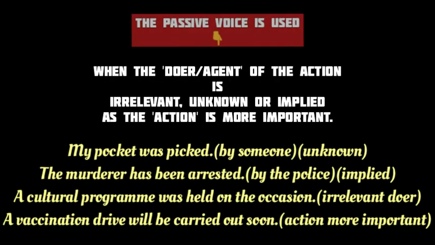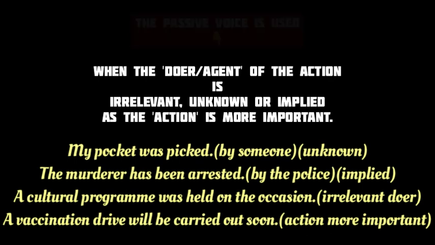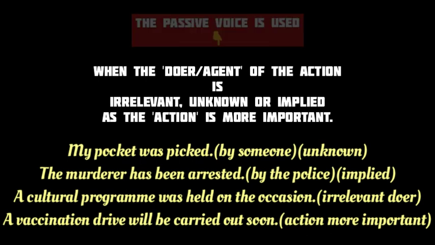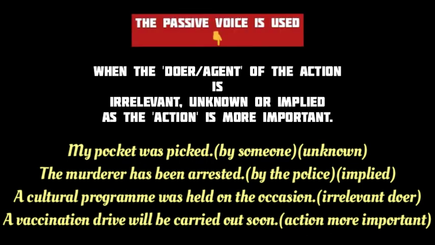The passive voice is also preferable when the doer or agent of the action is irrelevant, unimportant, or unknown or understood, because the action is more important than the doer. Now look at the examples of passive construction on your screen. The sentence "my pocket was picked" has a passive construction.